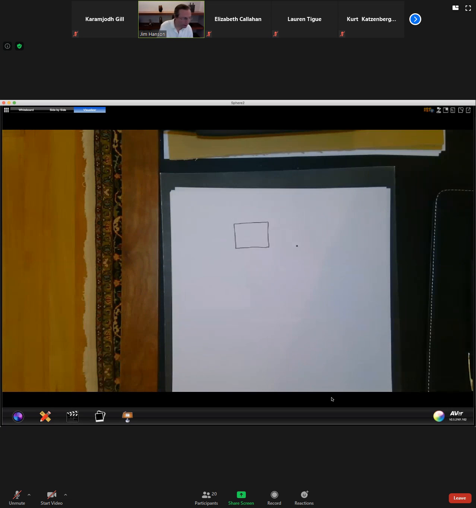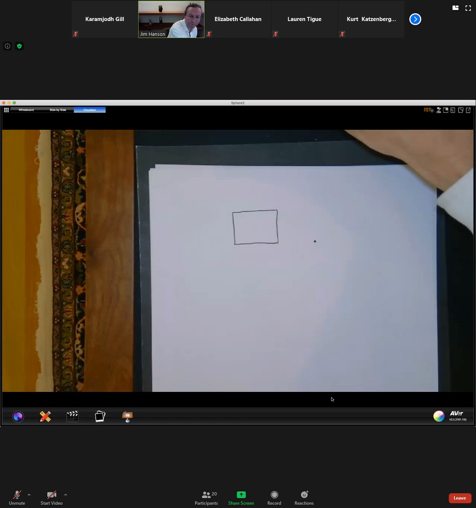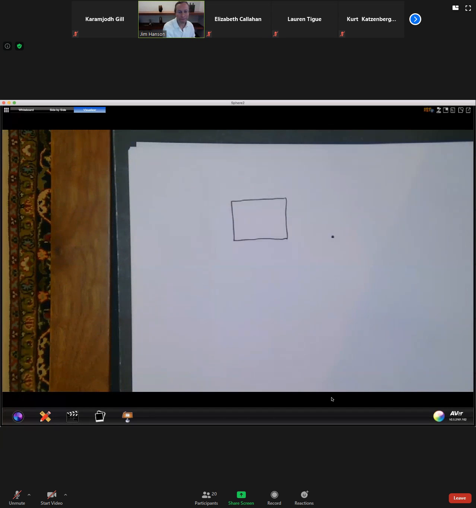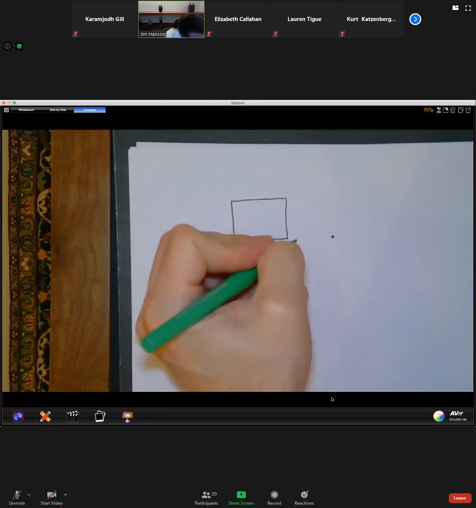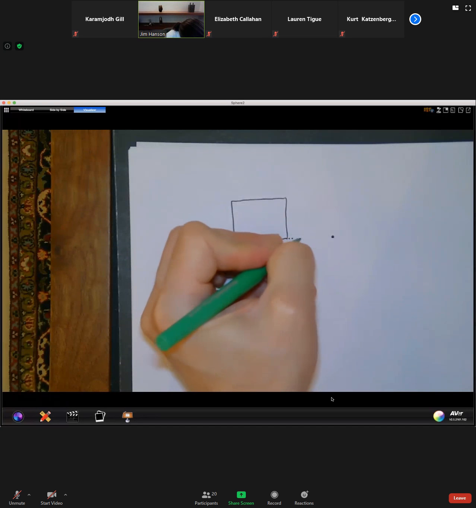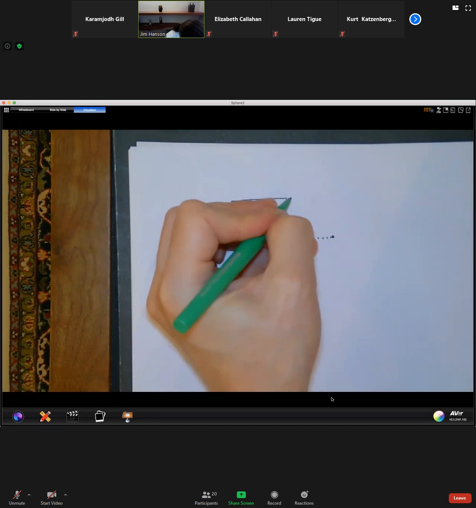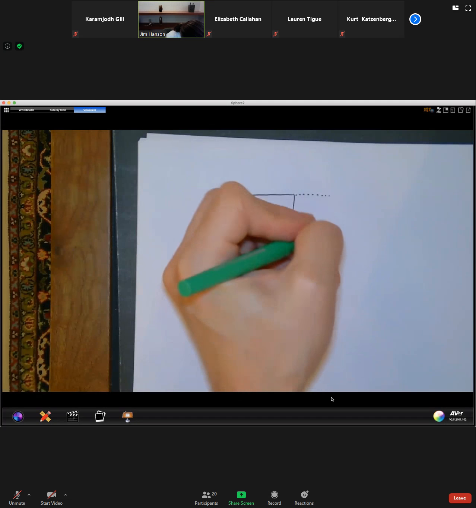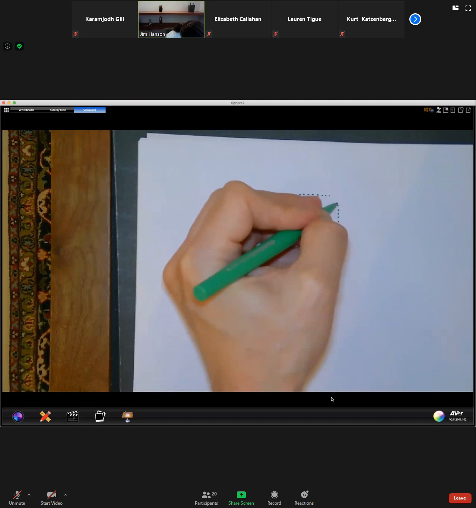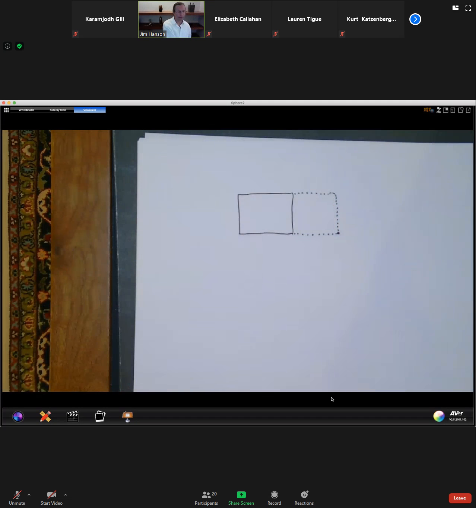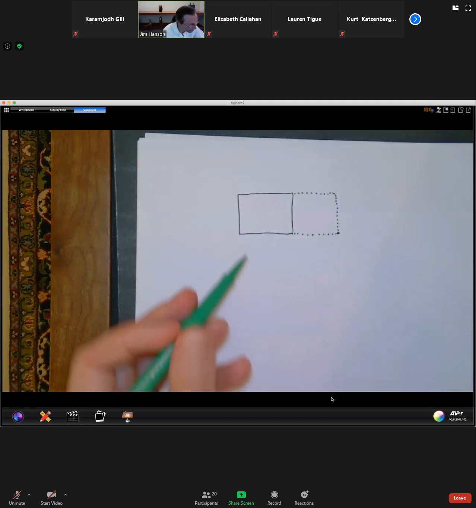Whoa. Any thoughts on that one? How about if we extend the foundation like that? And now we would be at the corner of a loaded area.